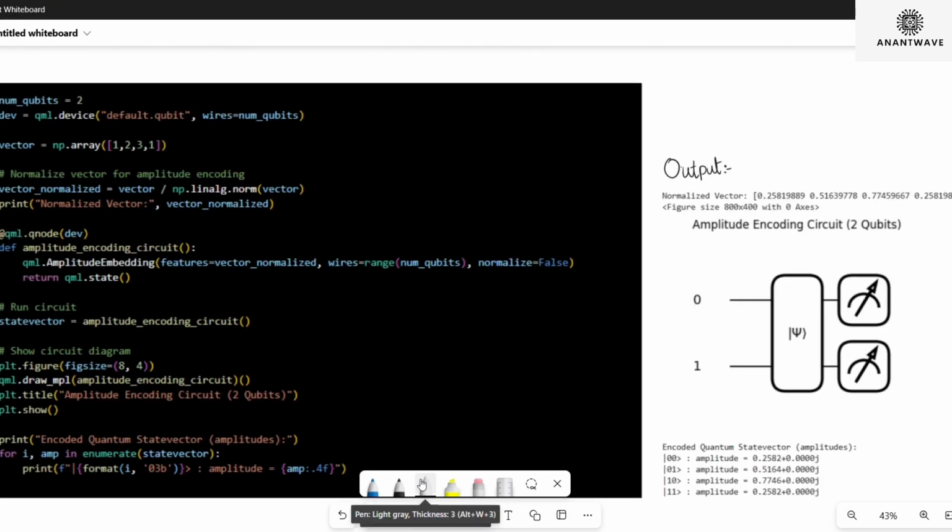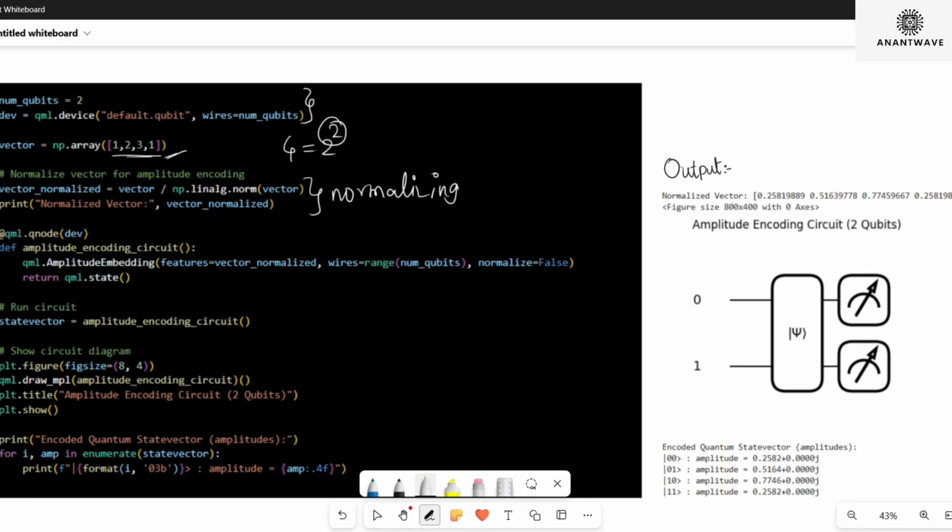Let's talk about amplitude encoding code. We have vector of length 4, that is 2 square. So we need 2 qubits. So I'm initializing the quantum environment with 2 qubits and then initializing the vector, normalizing the data. In amplitude encoding, we know that normalizing data is a very important step.